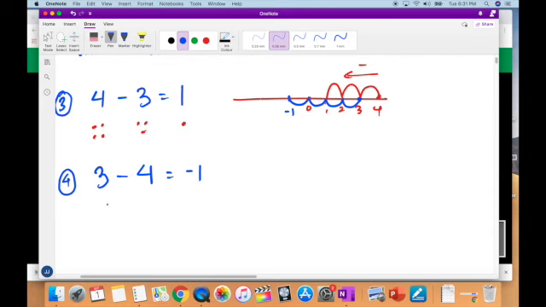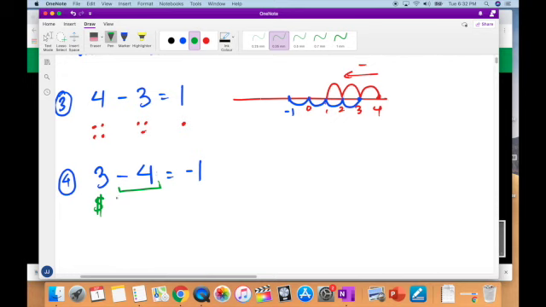Good. Any other way that we could prove this if we didn't know about number lines? How else could we prove it? What if I have $3 in the bank, and the bank charged me $4?